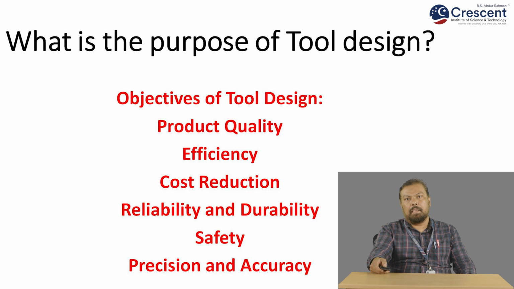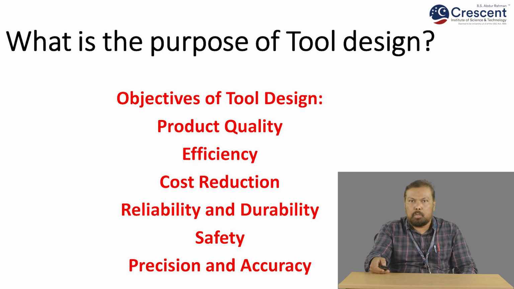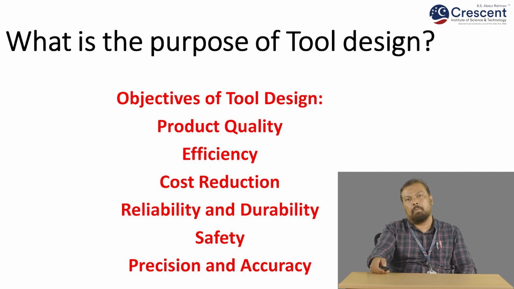Now coming to the reliability and durability, tool design helps us to create tools that are robust and capable of withstanding the stresses and wear and tear of continuous use. Not only that, this also reduces the downtime and maintenance costs. So that is something that we usually read in the lean manufacturing part. Right? What about the safety?